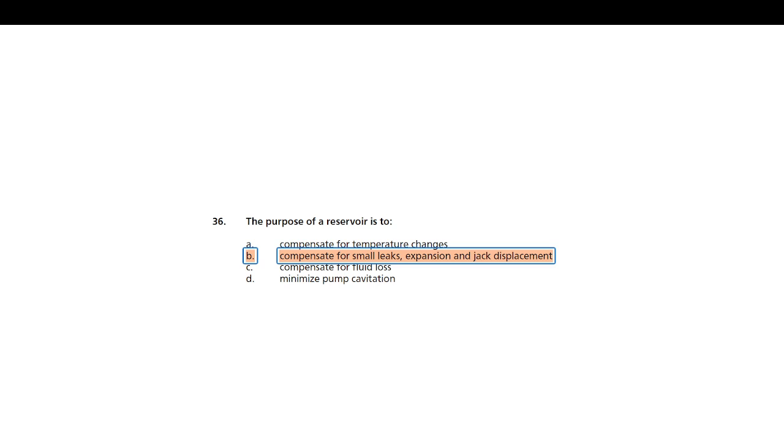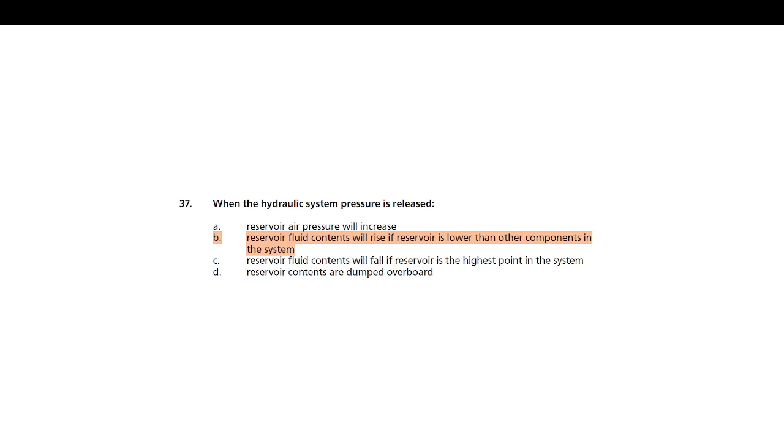The purpose of a reservoir is, here we can see the purpose of a hydraulic reservoir is to compensate for small leaks, expansion and jet displacement. 37. When the hydraulic system is pressurized, the reservoir fluid contents will rise if the reservoir is lower than other components in the system.